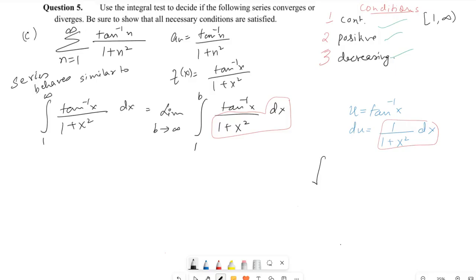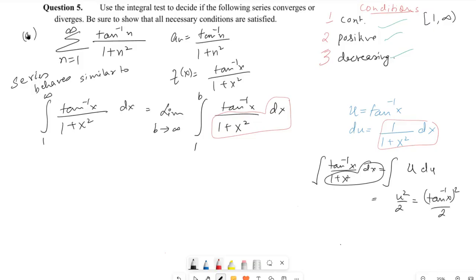So my integral, tangent inverse x by 1 plus x squared dx, becomes u times du, where tangent inverse x is u and this part is du. The integral is u squared by 2, that is (tangent inverse x) whole squared by 2. I'm not writing any limits because I have the limits here, so I'm going to put them now. Limit b approaches infinity.